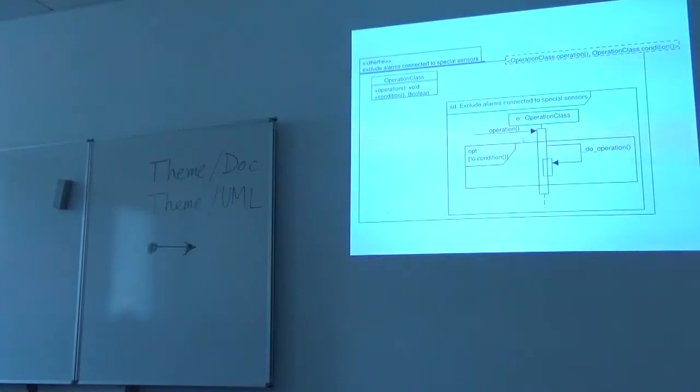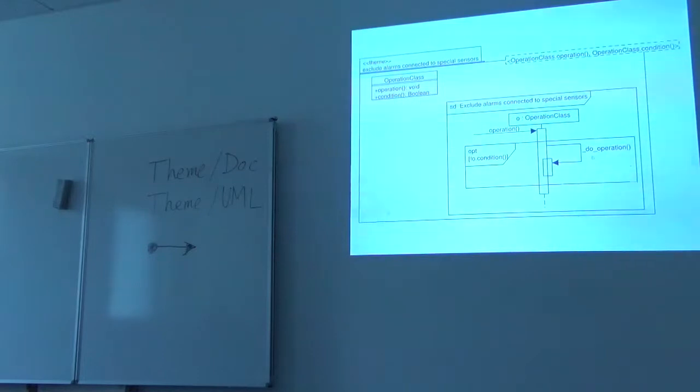And this sequence diagram looks like a normal sequence diagram, and we might say that nothing special is there, but there is one thing. This do operation is a convention to represent the actual method body. It's just a naming convention introduced in theme UML. This might have been something else to emphasize, like some stereotype.